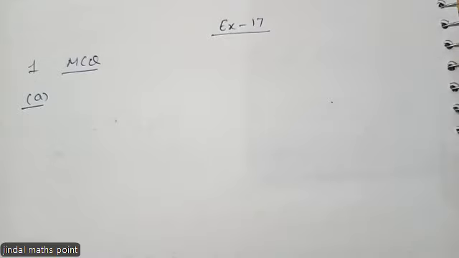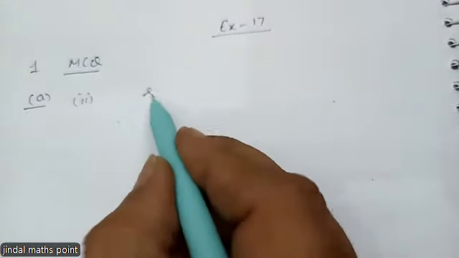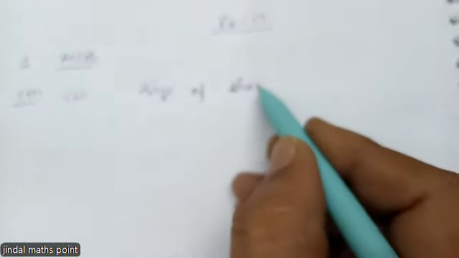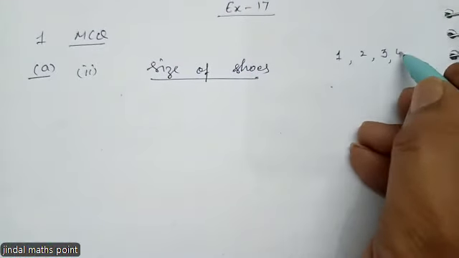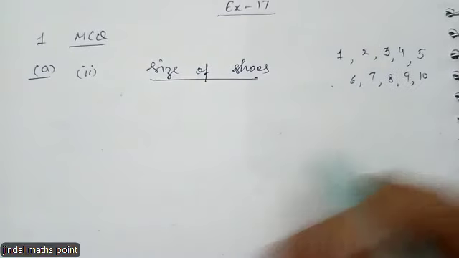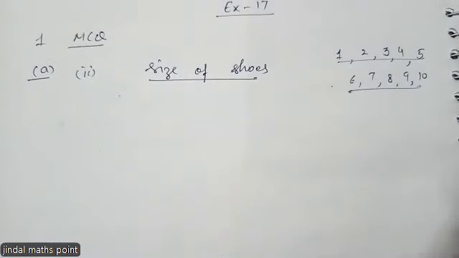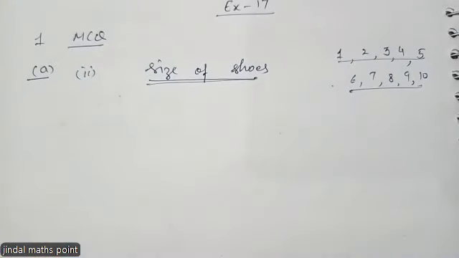Size of shoes, beta. Because shoes are numbered 1, 2, 3, 4, 5, 6, 7, 8, 9, 10, and so on. There are no decimal values in shoe numbers. So that's why size of shoes is discrete.